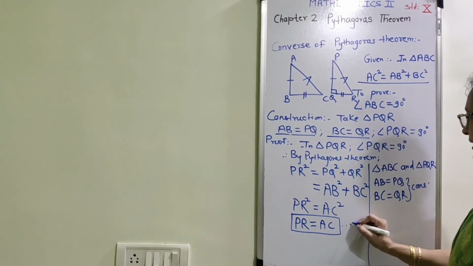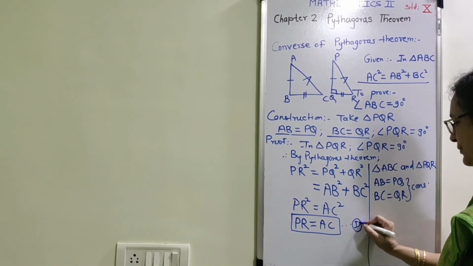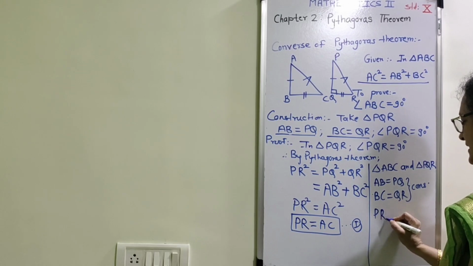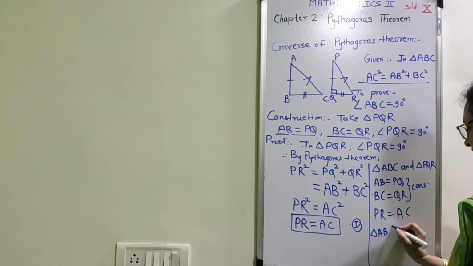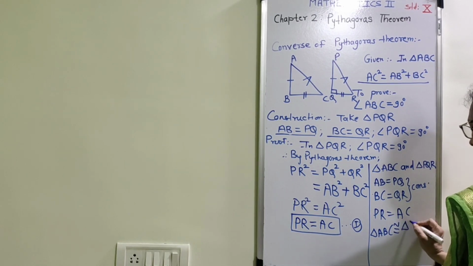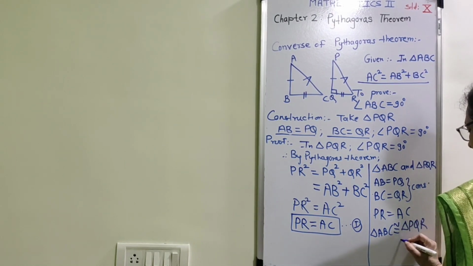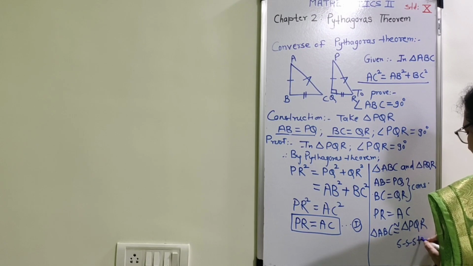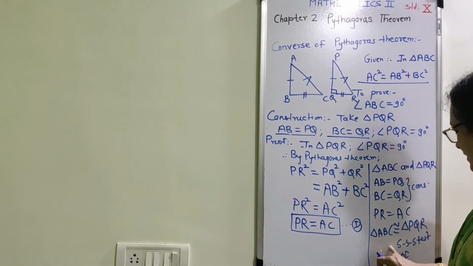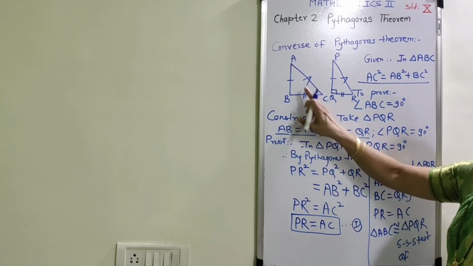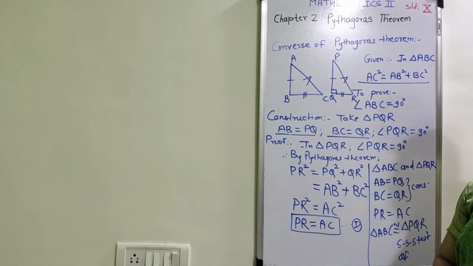And now here in this statement, I have already proved that PR is equal to AC, and therefore triangle ABC is congruent to triangle PQR by side test of congruency.